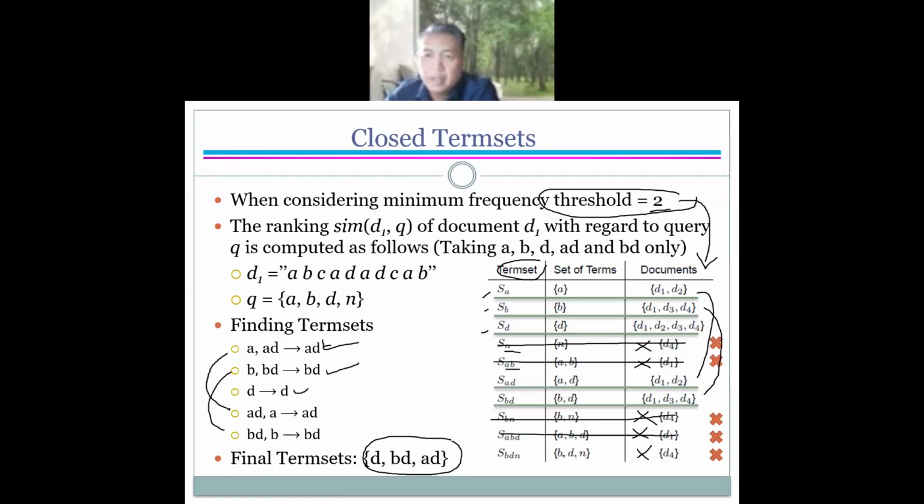Then after that, you list out all the same documents that we have here. Then we take the larger term set, which is this one. So if we have this one and this one, the larger term set is this. And this one only one, so we just take itself. So we have 3.